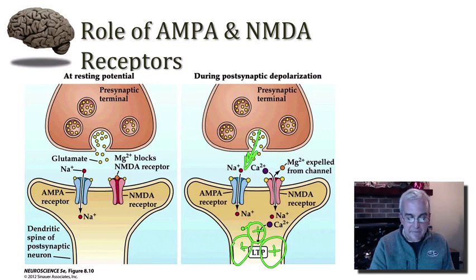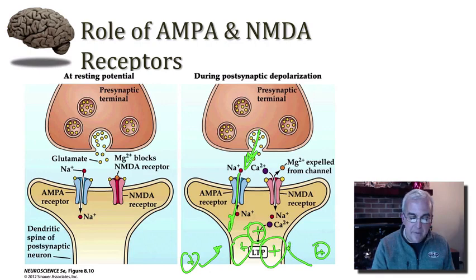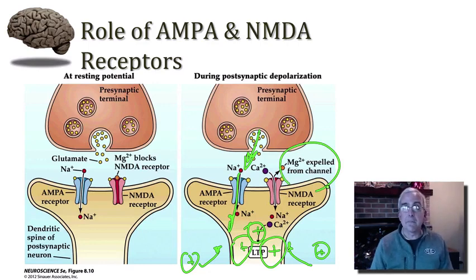Well, as that happens, sodium's coming in through the AMPA receptors, perhaps a wave of depolarization is passively propagating along the dendrite, impacting the spine. There may be sufficient depolarization to expel magnesium from the pore of the NMDA receptor channel.